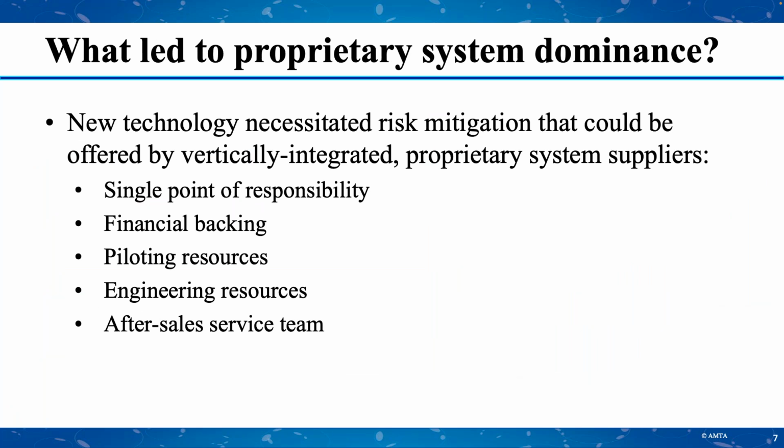So I guess the question is, how did that happen? I'm sure there are a lot of reasons for it, but in my mind, when a new technology is introduced, there are certain risks that need to be mitigated, and a lot of those could be mitigated by these vertically integrated proprietary system suppliers.